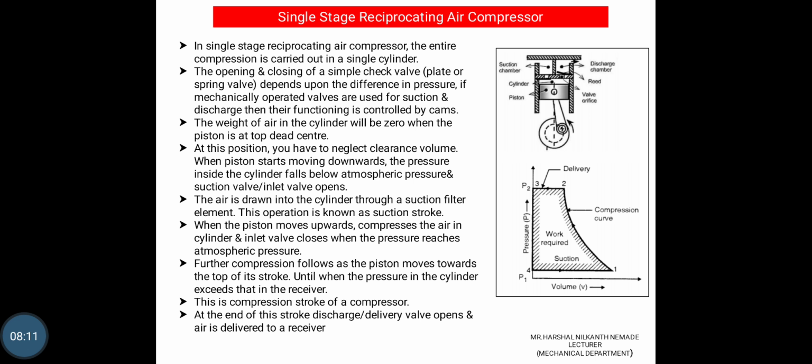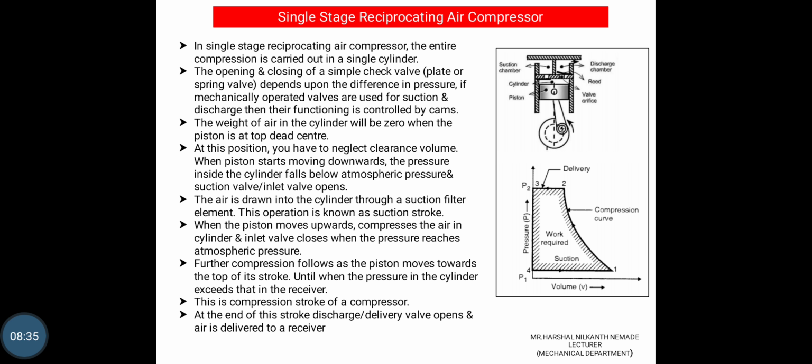Due to the pressure drop, the inlet valve opens and we suck only atmospheric air inside the cylinder. Now the second stroke will be the compression stroke, where the air is getting compressed. That compressed air is directly given out from the discharge chamber and sent to the reservoir.